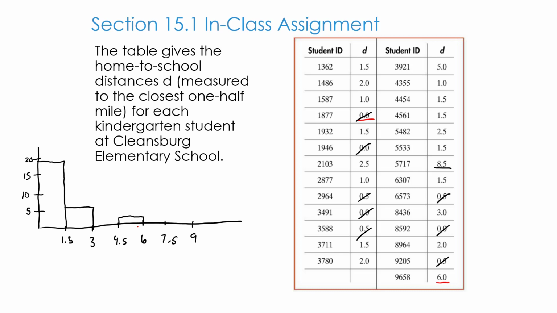And then from 7.5 to 8.5, we only have 1. And there we go. There's not a space here. It's just that there's nobody there. And there's our histogram.